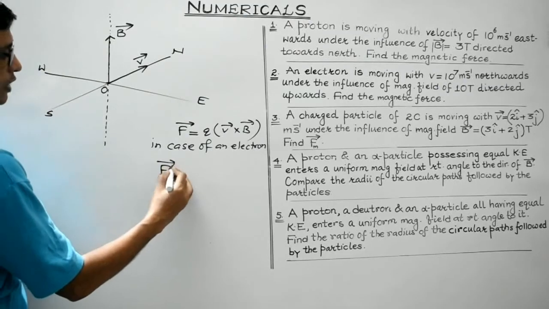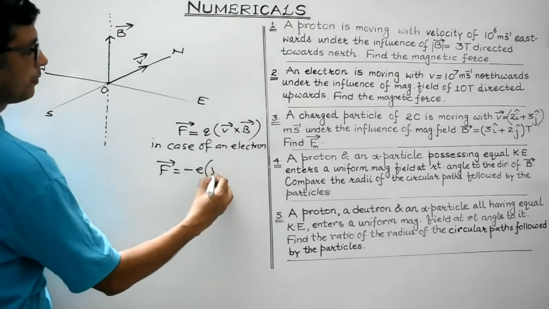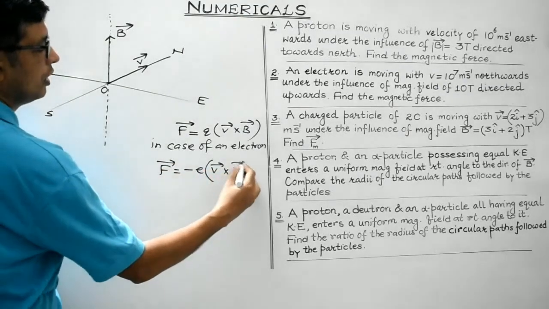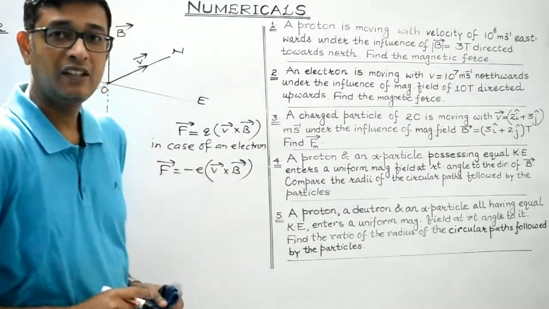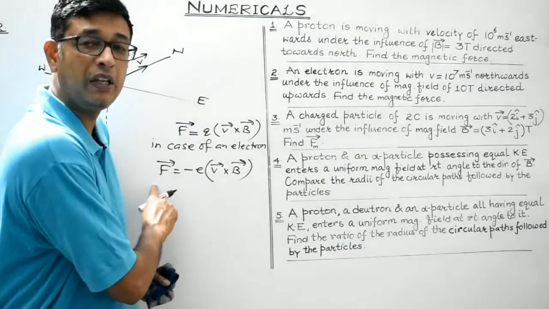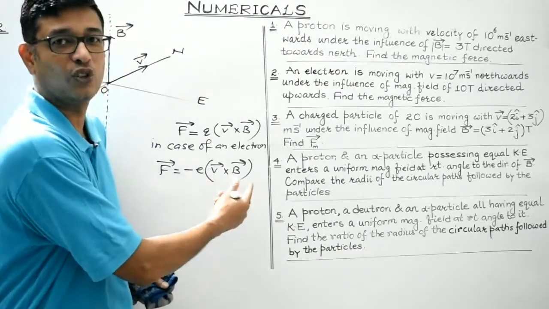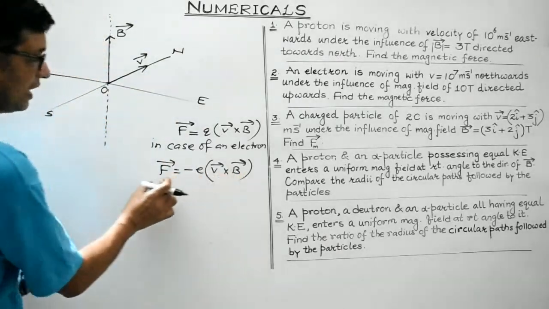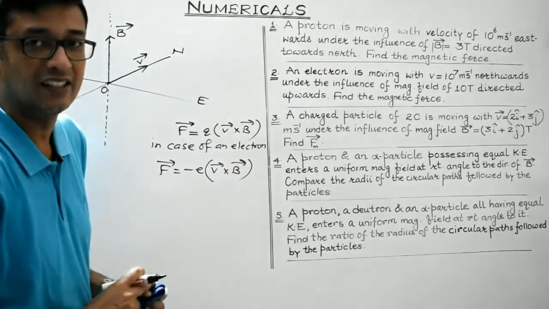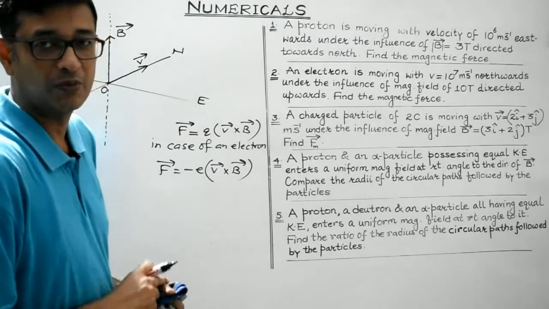So it should actually be minus e v vector cross B vector. So let us first find the direction of v cross B, and then the direction of the force would be opposite to the direction of v cross B because of this negative sign, right? So v cross B and F vector should be oppositely directed, the electron being a negatively charged particle.